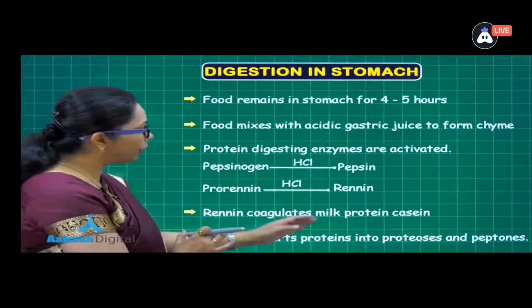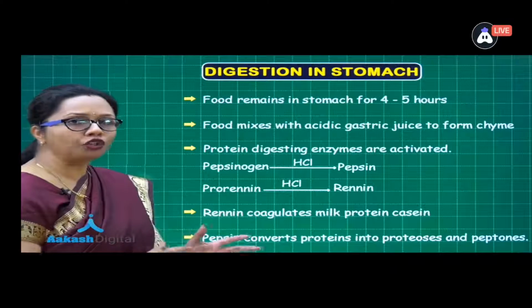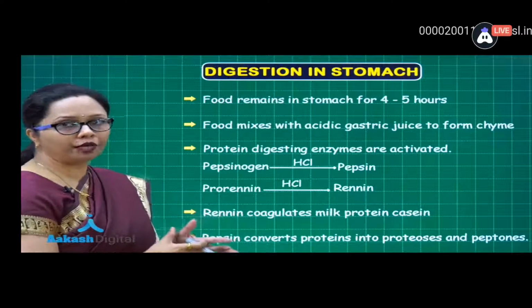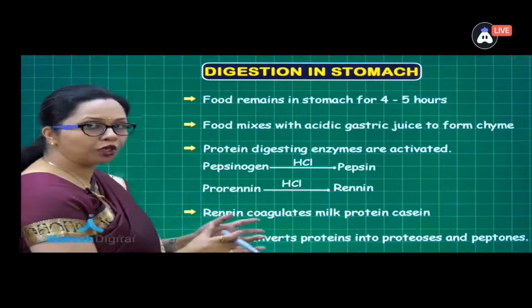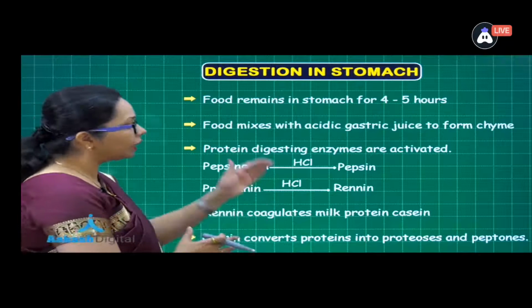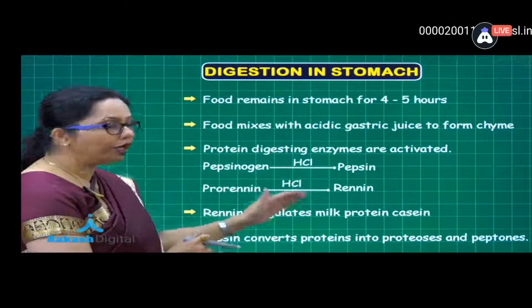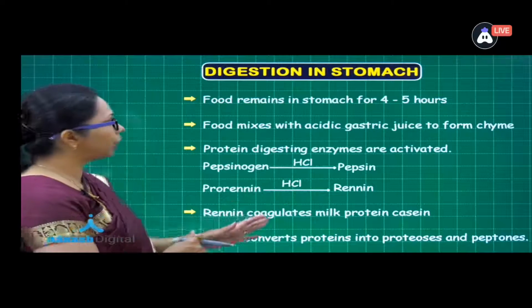Now we know that proteins are made up of polypeptides, and these polypeptides are long chains having a number of amino acids. So when these long chains are broken up into smaller chains, those are proteoses and peptones. But certainly the protein digestion is partial. It has not been completed here. It would be completed in the small intestine.